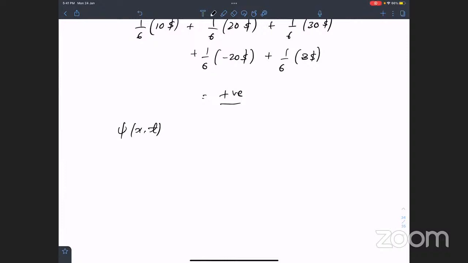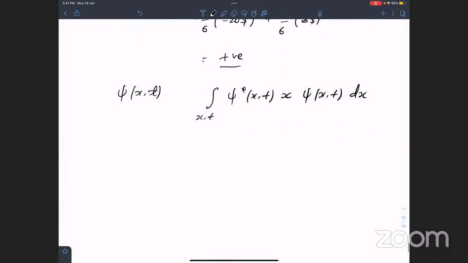What is the expected position for this particle? To do that, I'll have to integrate over all time and space psi star of x, t multiplied by x multiplied by psi of x, t dx. This is called the expectation value of x.